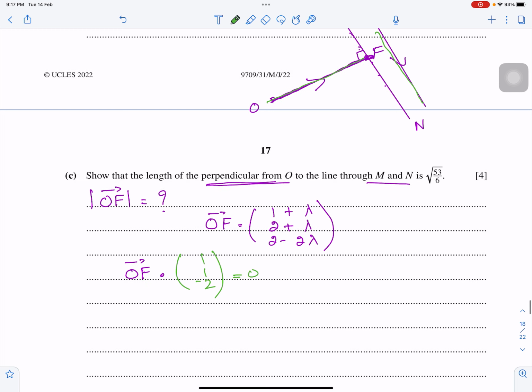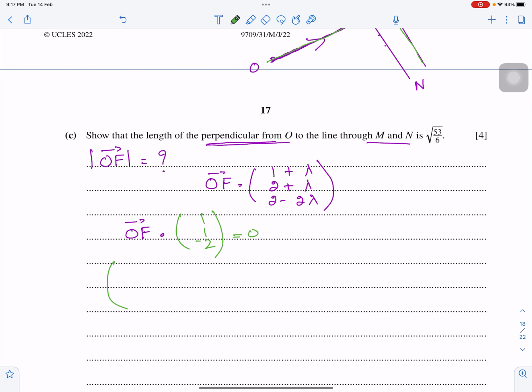Now I will simplify it to get the value of lambda. I take the dot product of 1 plus lambda, 2 plus lambda, 2 minus 2 lambda with 1, 1, minus 2.